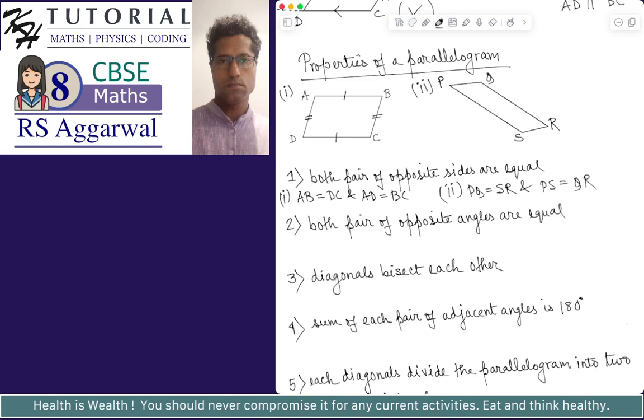Property number 2 is both pairs of opposite angles are equal. Okay. So for parallelogram figure number 1, one pair of opposite angles is A and C. So they must be equal.